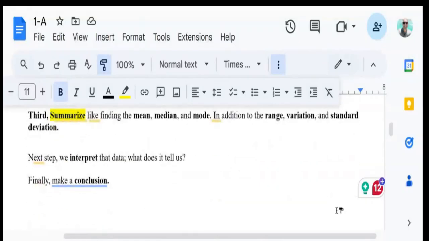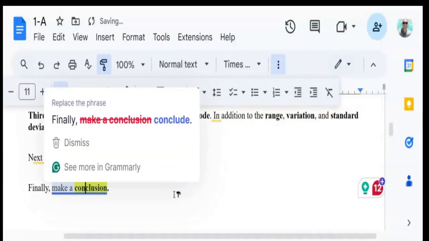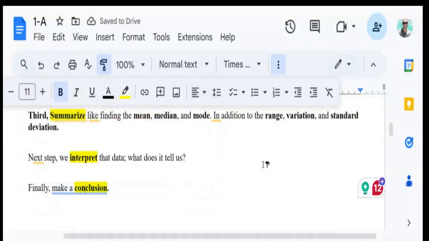Okay. Next step, what are we going to do? Next, we interpret it. That means what? We're going to answer the question, what does the data tell us? Last and final step, what are we going to do? Write your conclusion.